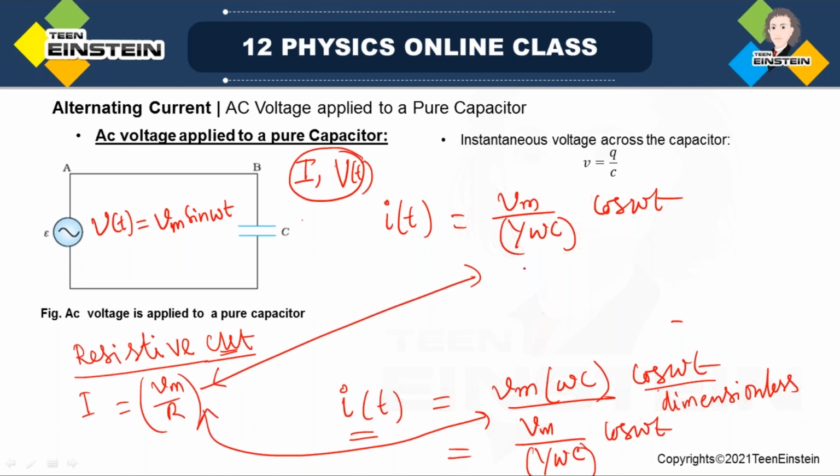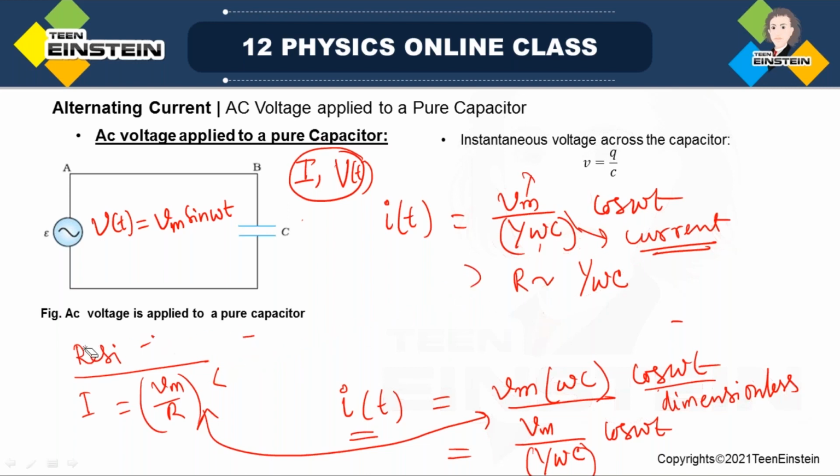If I compare these two, then I can say that R is equivalent to 1 by omega C. That means this has the dimension of current, this has the dimension of voltage, and this obviously has the dimension of resistance.